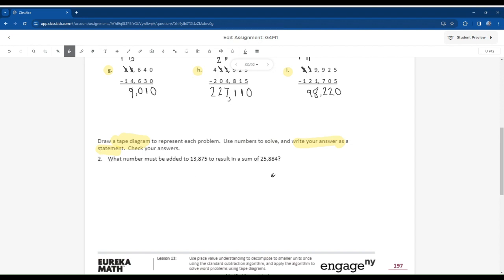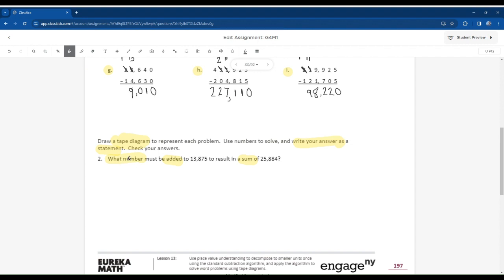So sometimes I've seen some students take a look at this problem and they think that we need to add because we see the word added. What number must be added to this to result in a sum of 25,884? A lot of addition type words. But the question asks, what number needs to be added to 13,875 to result in a sum of 25,884?